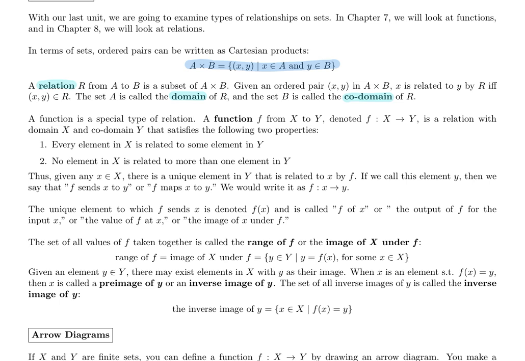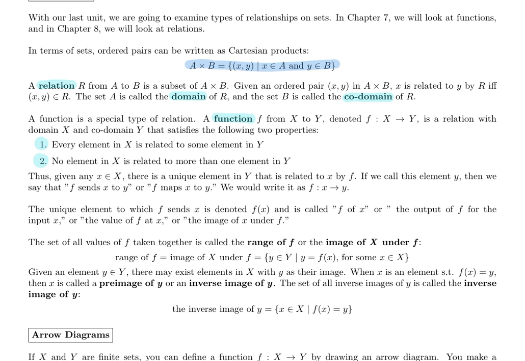A function is a special type of relation. A function f from X to Y, denoted as f: X → Y, is a relation with domain X and codomain Y that satisfies the following two properties.